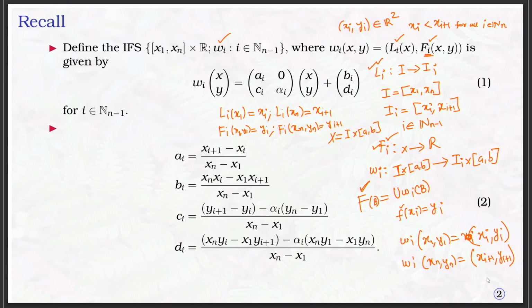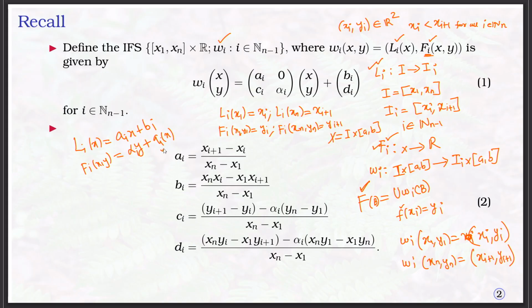Okay, fine. Now we discuss the special form of the iterated function system. Li of x we have taken as ai x plus bi, and Fi of x comma y we have taken as alpha i times y plus alpha i times qi of x.